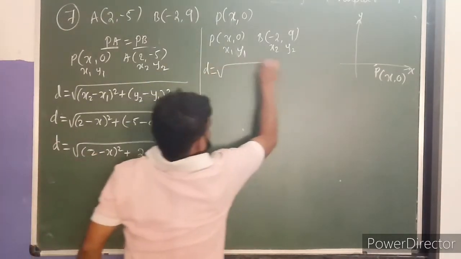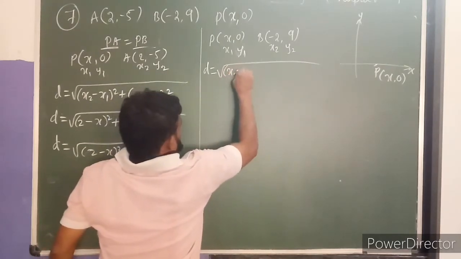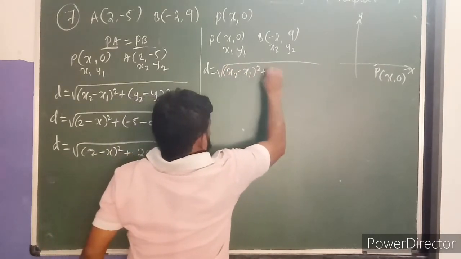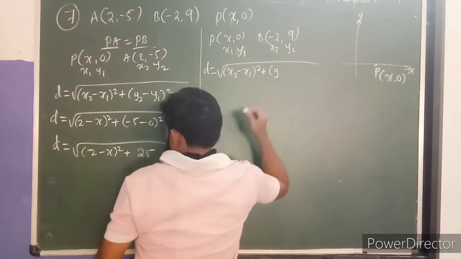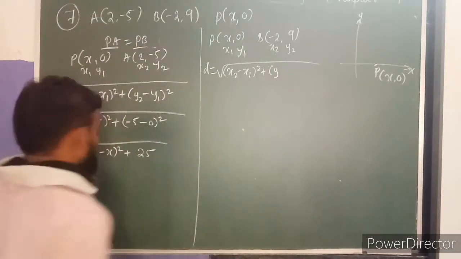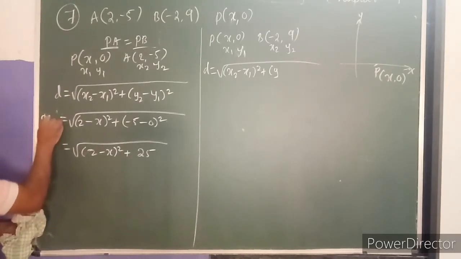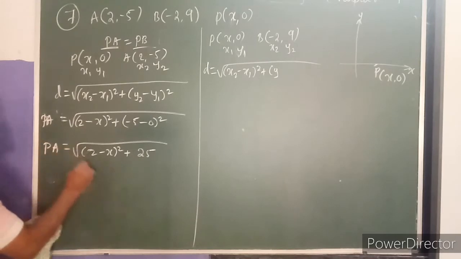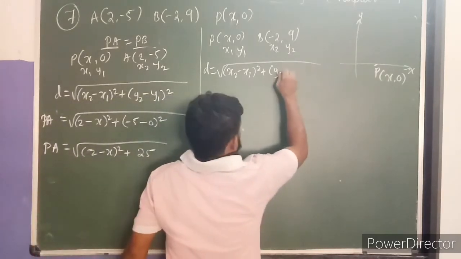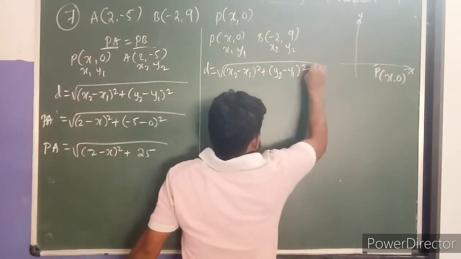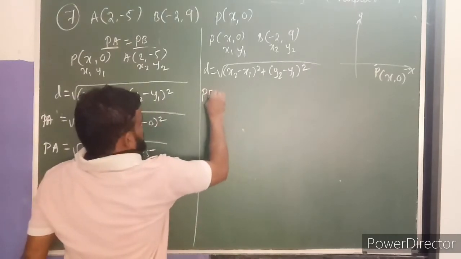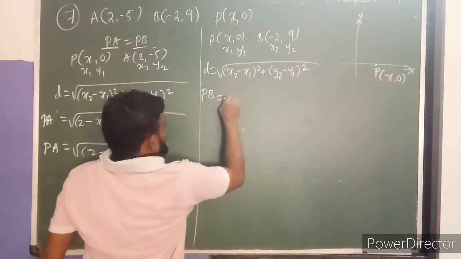Similarly, d is under root x2 minus x1 whole square plus y2 minus y1 whole square. This we have to put for PA. Here we have to write PA. Okay. This is PA. Now we are taking PB.